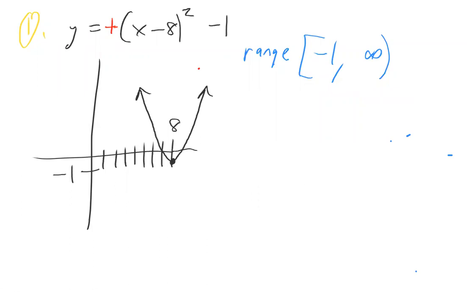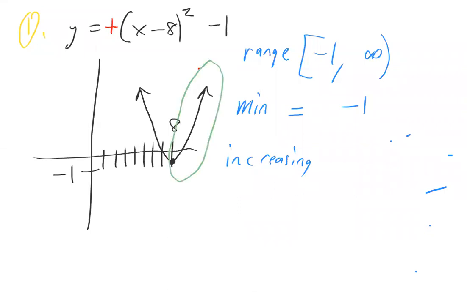Then it says, what's the minimum value of the function? The minimum value of the function is the lowest y value, which is -1. And then it says, when is the function increasing? Well, for increasing, you look at the picture from left to right. That part right there is the only part that's increasing from left to right.